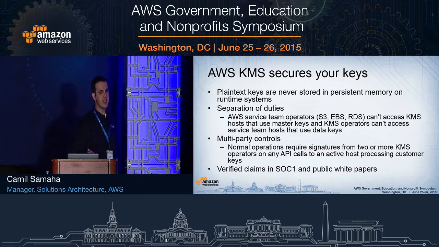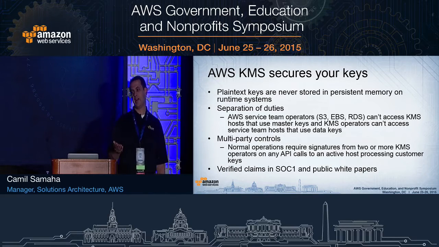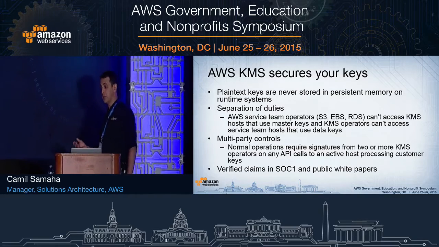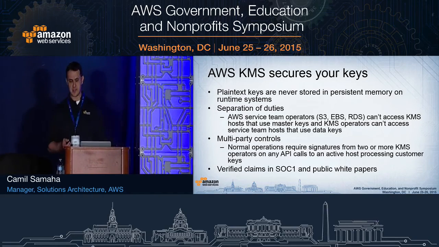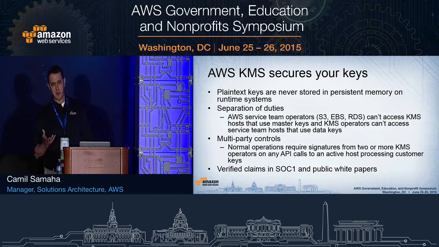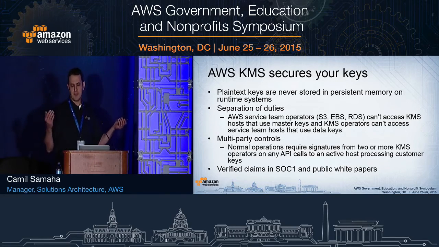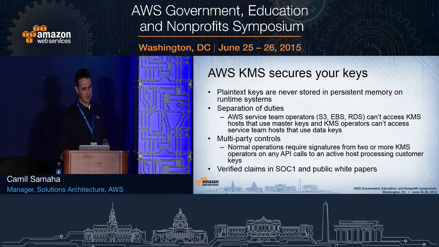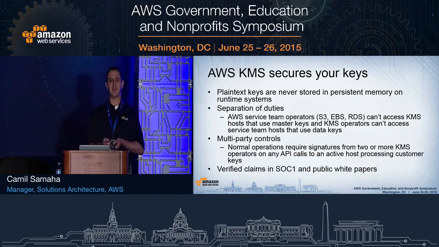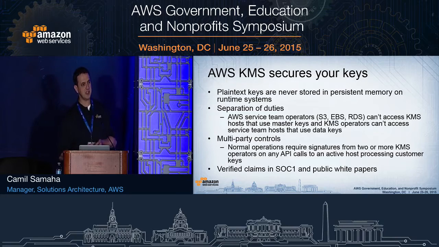Now, what about the KMS operators that have access to the KMS systems? In that case, we have a pretty revolutionary approach. Quite simple, but if you think about it, it does remove the risk of having one rogue employee that might either intentionally or unintentionally compromise the keys.